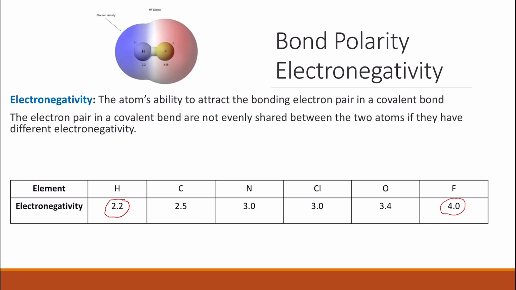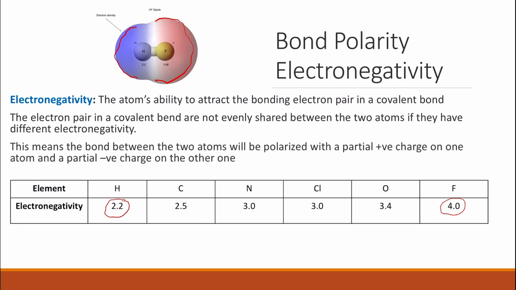In hydrogen fluoride, fluorine is more electronegative than hydrogen, so it attracts the bonded electron pair towards itself. So there is more of the negative charge cloud towards the fluorine than around the hydrogen.